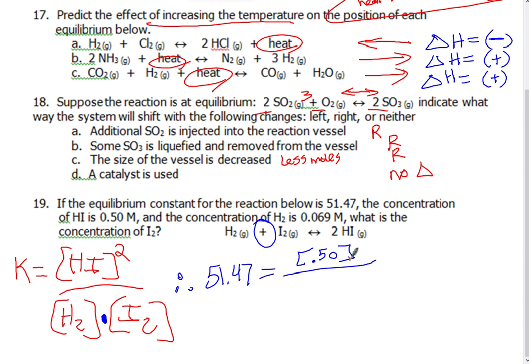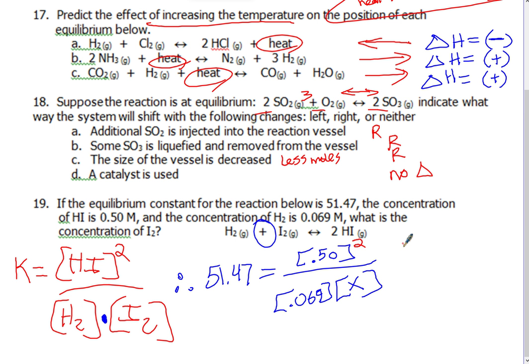And the concentration of hydrogen is 0.069. And I don't know the iodine, so I'm going to put an X in there. And oops, I made a mistake. What did I do? I forgot to square that number, didn't I?